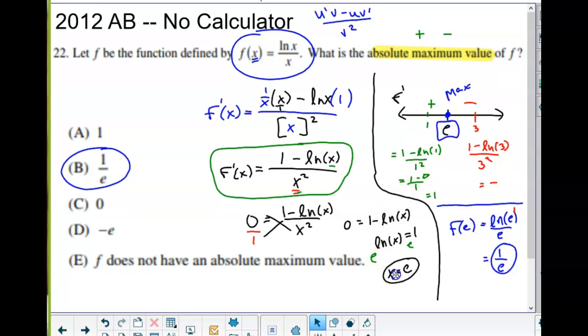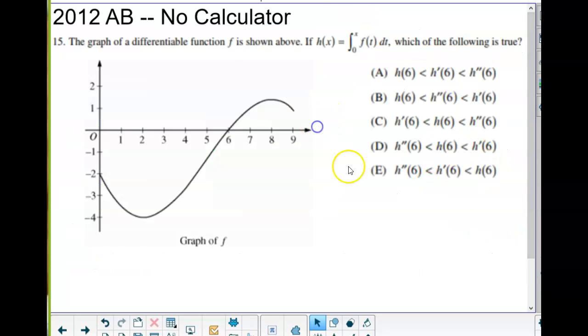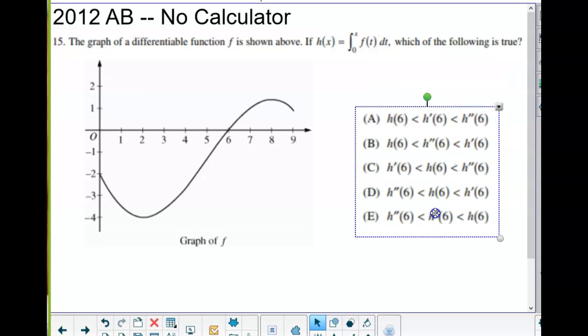So we knew that the maximum occurs at x equals e, but to figure out what the actual maximum is, that's where we plug it back in. So the derivative is what gave us the idea of where it occurs, and then the what is actually plugging it back in.